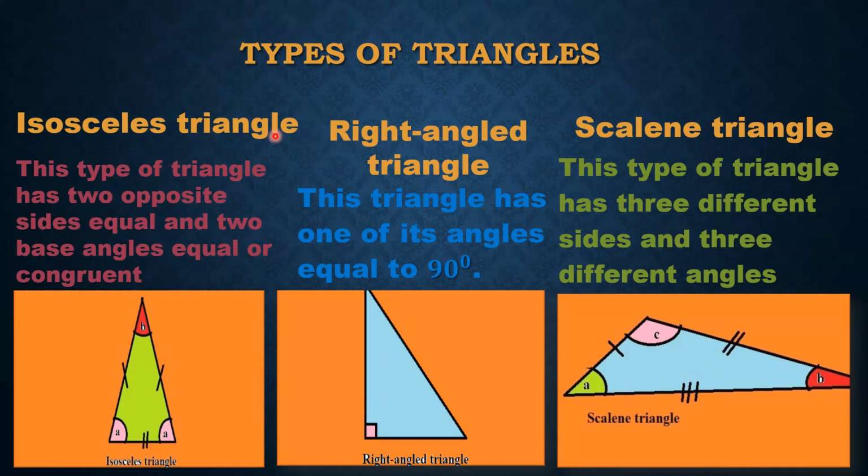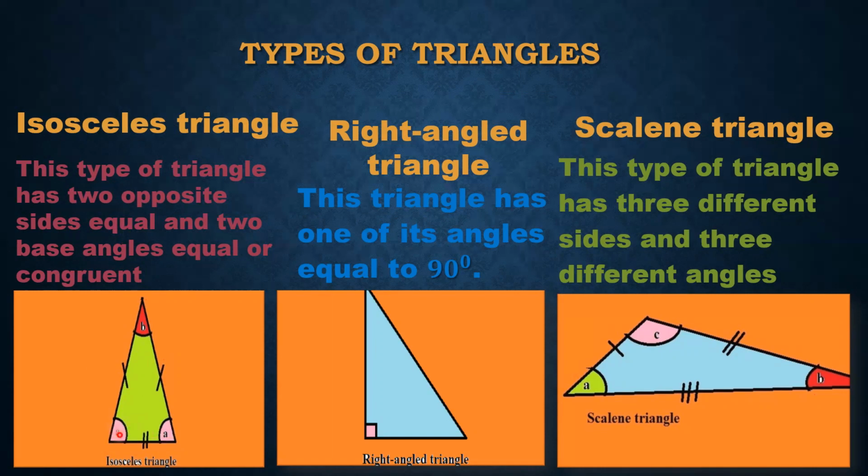This is a type of triangle which has 2 opposite sides equal and 2 base angles equal, or congruent. So when you have this type of triangle, the 2 opposite sides, this line and this line, are equal. And once the 2 lines are the same, their base angles must also be the same.